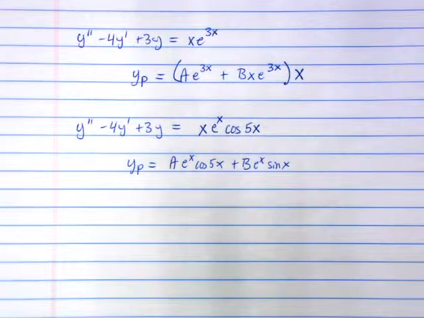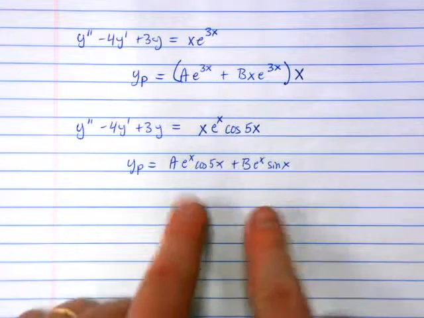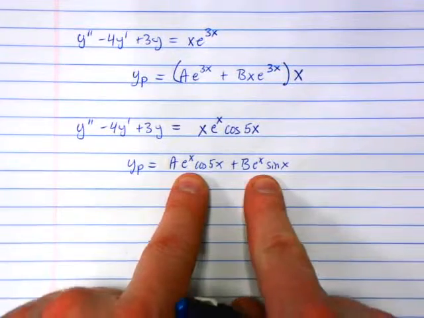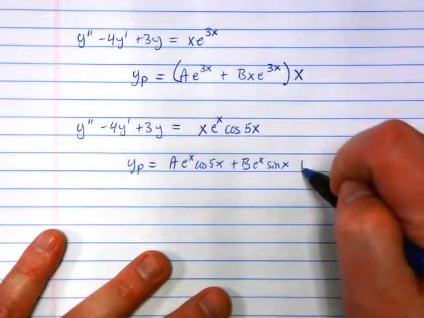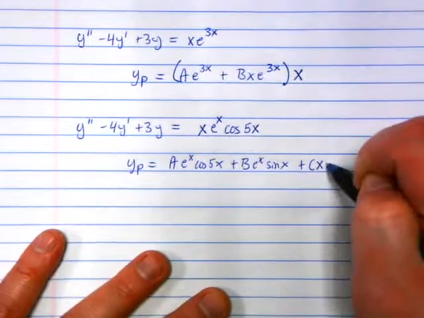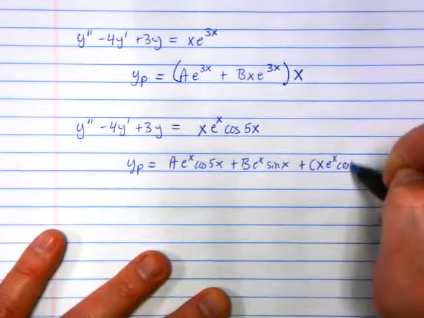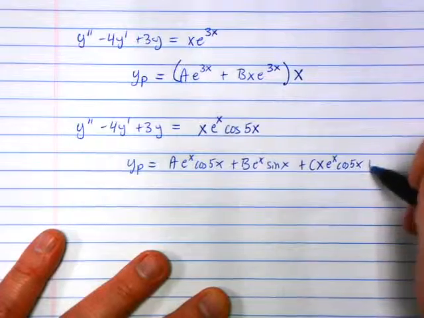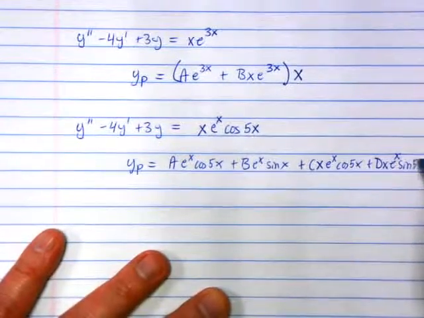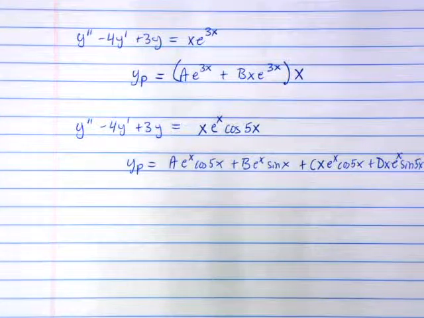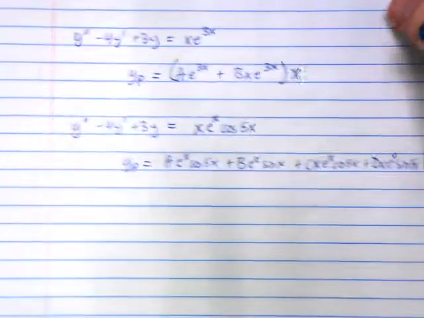And then we need to deal with the repeated. So this is just the original root. Now we need to throw in the repeated, which means we need a cx e to the x cosine 5x and a dx e to the x sine 5x. Leave it alone.